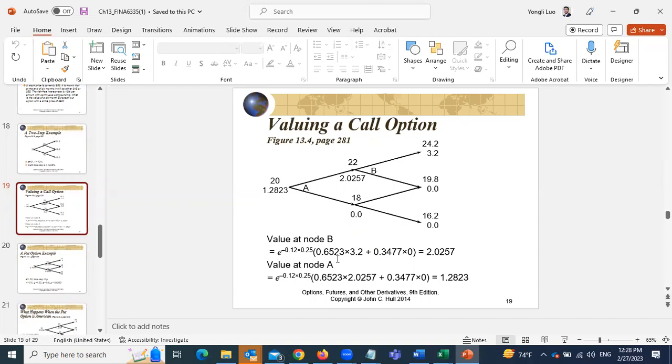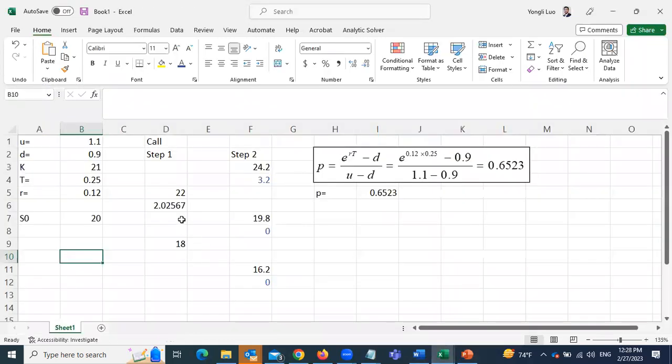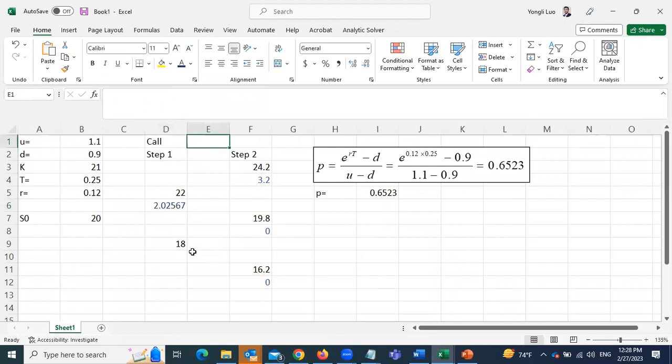And what about the point at 18 in step one? What is the option price for this one? What is the price for 18? That is 0. Do you know why?